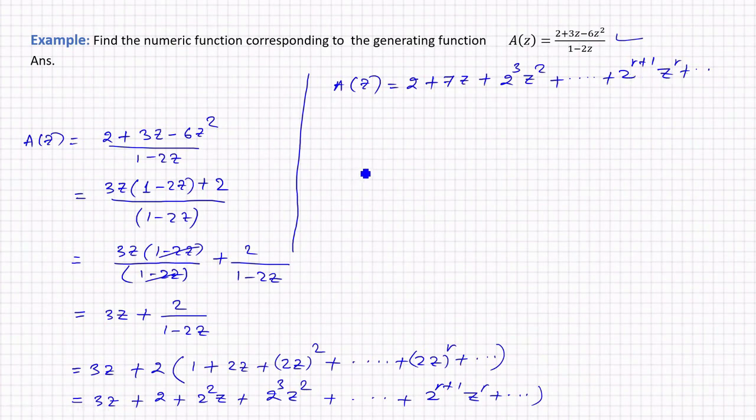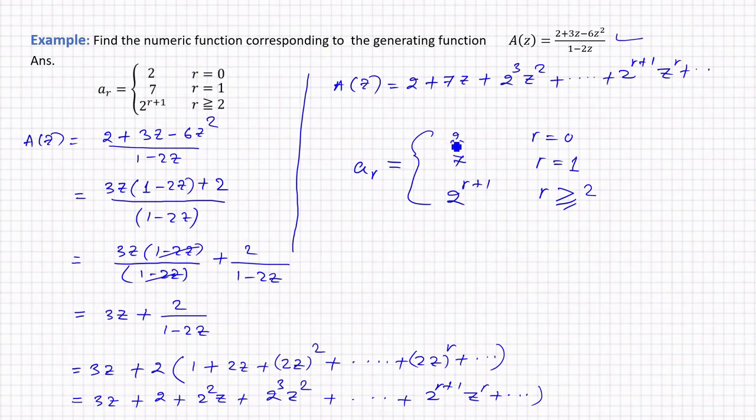So it is very clear: a_r = 2 when r = 0, a_r = 7 when r = 1, and a_r = 2^(r+1) when r is greater than or equal to 2. This is the answer we got, and this is the equivalent answer. So this much for today. Thank you.